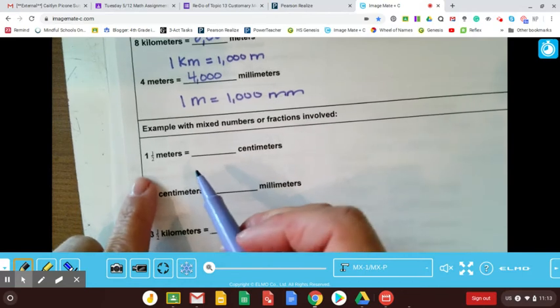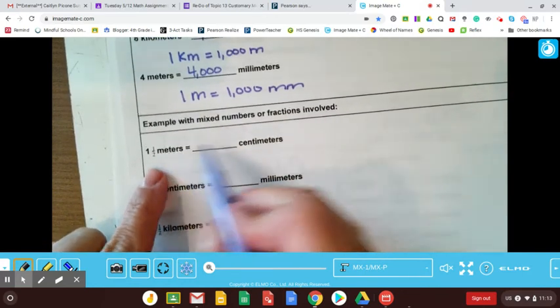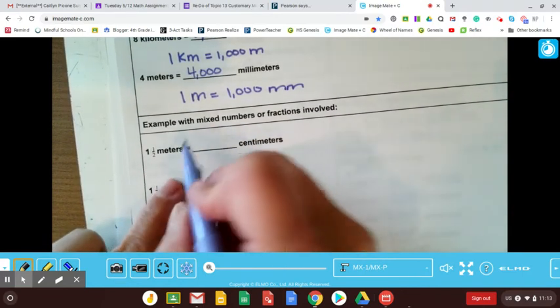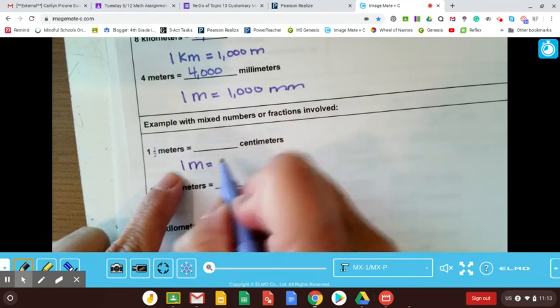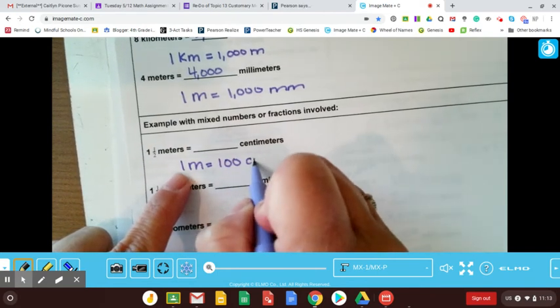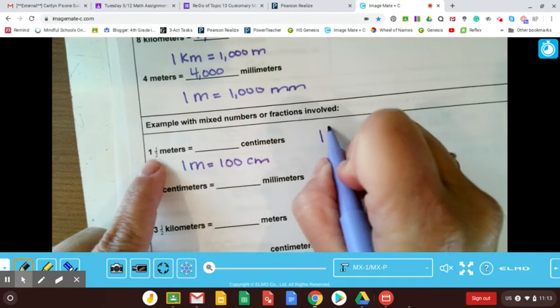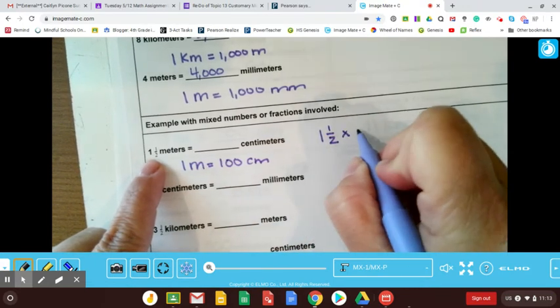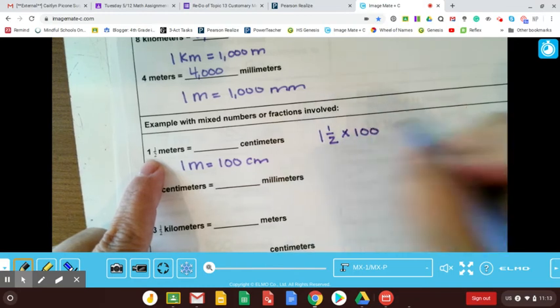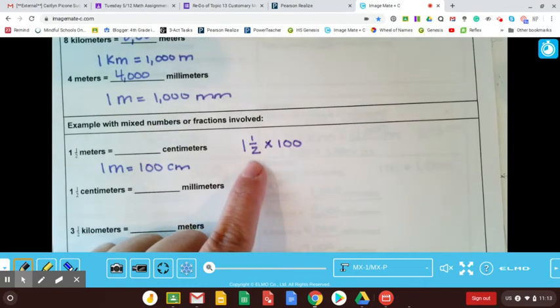So let's talk about that. We are going from meters to centimeters. So we know that in 1 meter, we have 100 centimeters. So therefore, we're going to multiply 1 and 1 half times 100. No big problem.